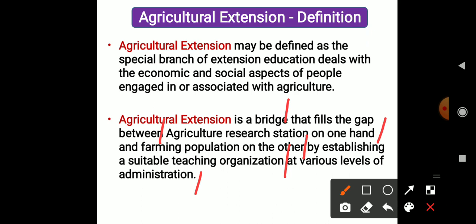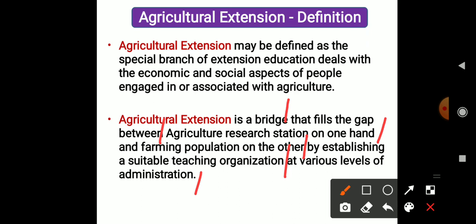So these are the different definitions related to extension. In this lecture we have seen the meaning of extension education, the definition of extension education, the definition of agriculture extension, and also the definition of education. All these definitions are most important.